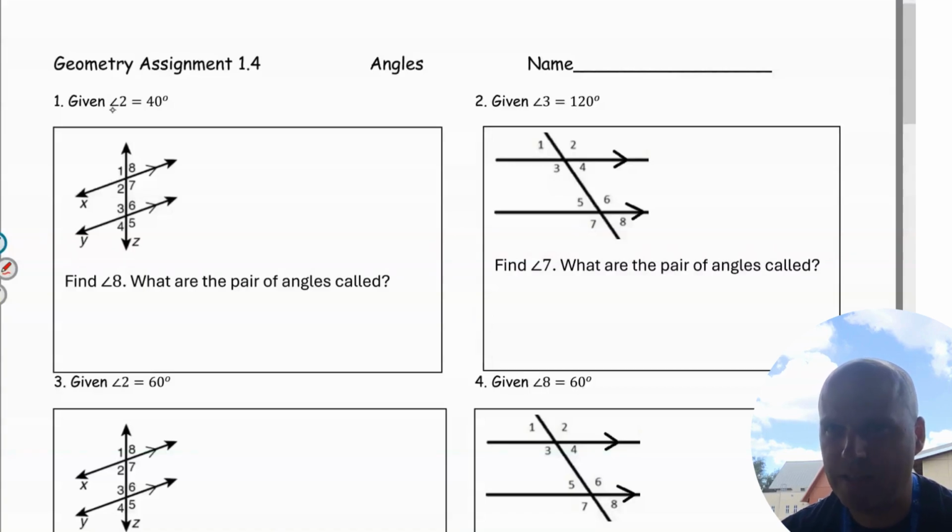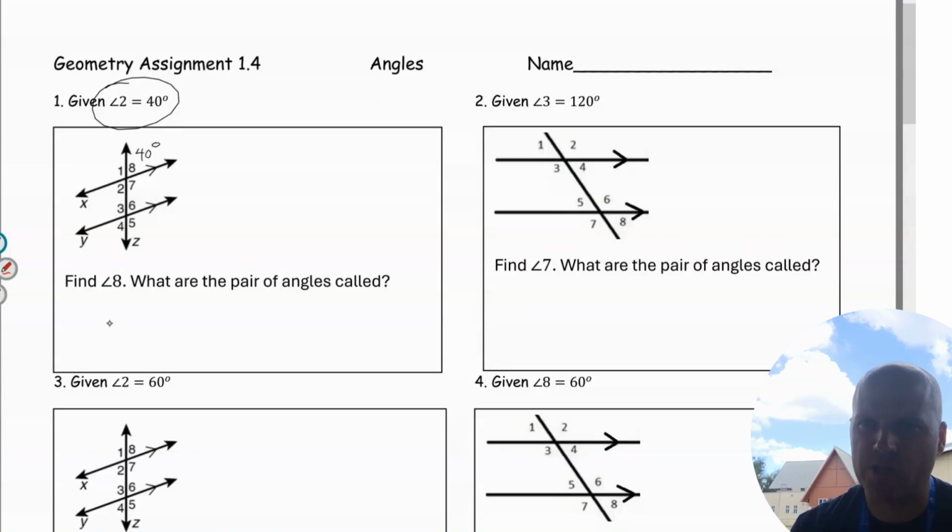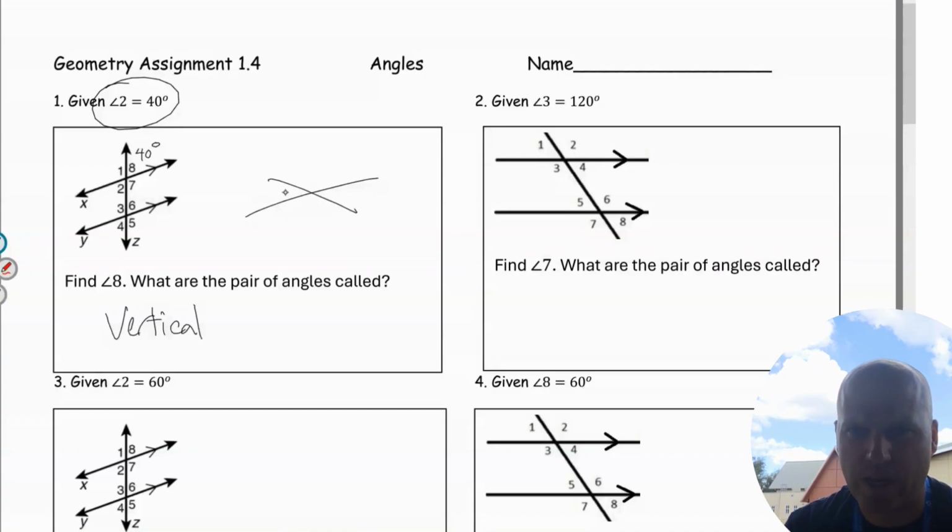But we also know that if angle 2 is 40 degrees, angle 8 has to be 40 degrees because these are vertical angles. You take two lines and we create 4 angles, 2 pairs of equal angles.